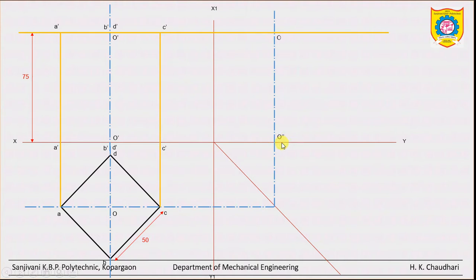Label the axis O double dash, O double dash. Now take the projection from this top view and turn it into the side view. Similarly this projection. Now just like this front view, we got the side view.